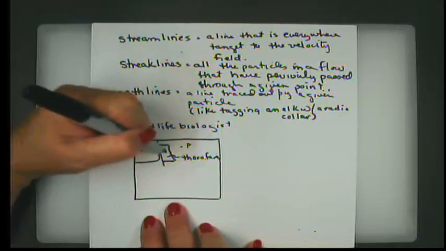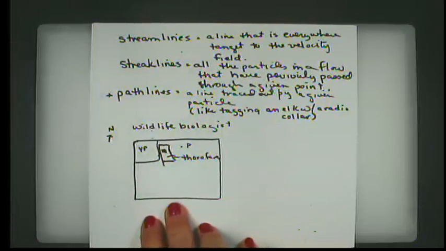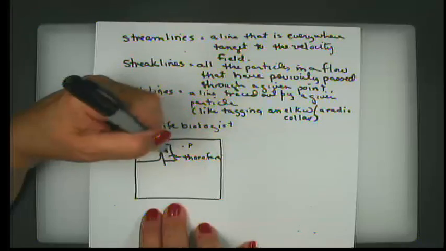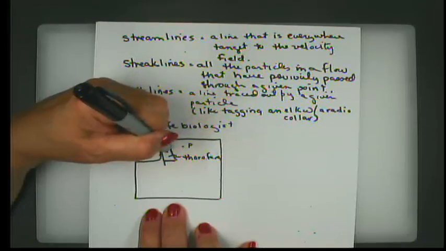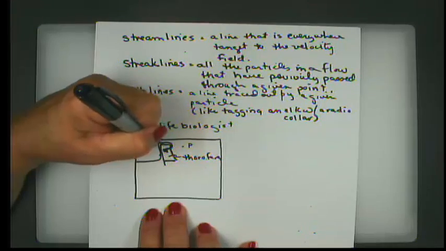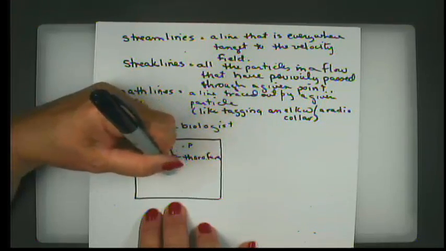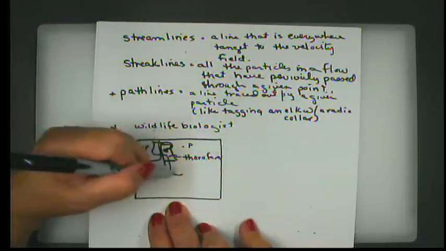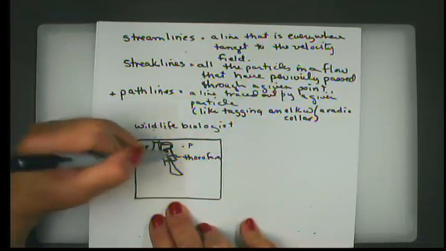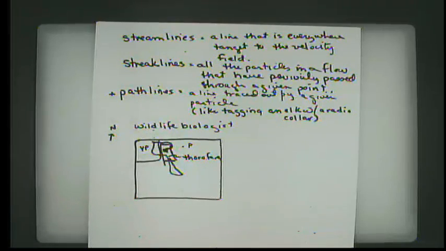It's kind of an inside joke, some of you may know what that is if you are from a ranching family. We put a radio collar on Bruce. Then as he leaves the thoroughfare, goes up into Yellowstone Park, comes back down into the thoroughfare, goes down into central Wyoming, and comes back over the course of a year, we can trace his path by tracing his radio collar. And that line that we would trace by following Bruce would be the path line.